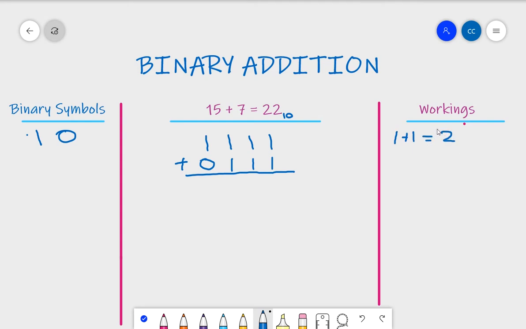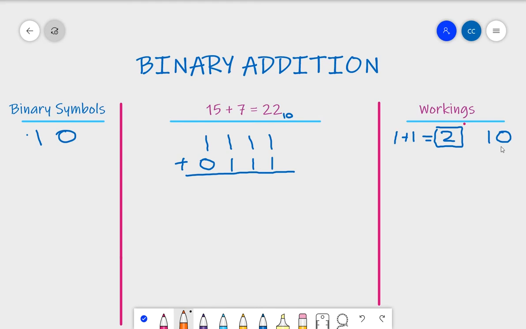But the problem is we can't express a 2 with the symbol that we're used to, because it doesn't exist. So a 2 in binary is written as 1, 0. The 0 is because there is nothing in the 1's column, and the 1 is because that's the 2's column, so there's 1, 2.